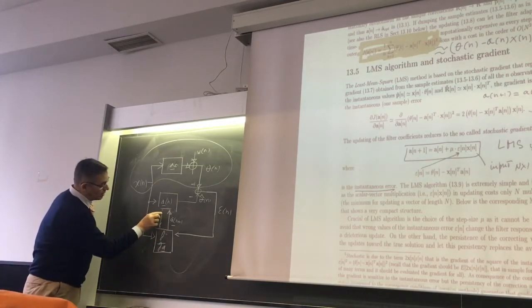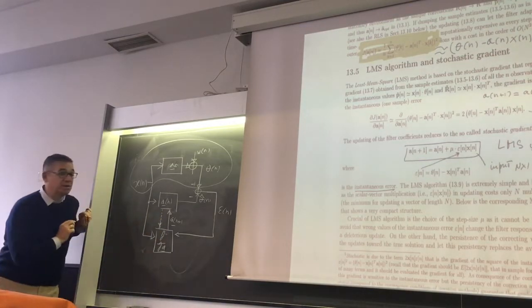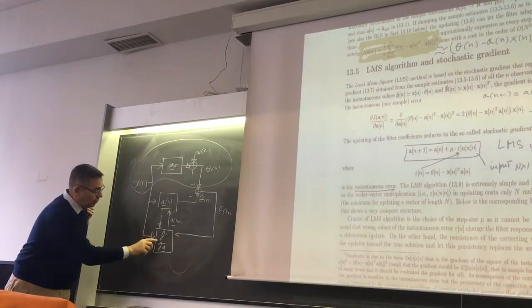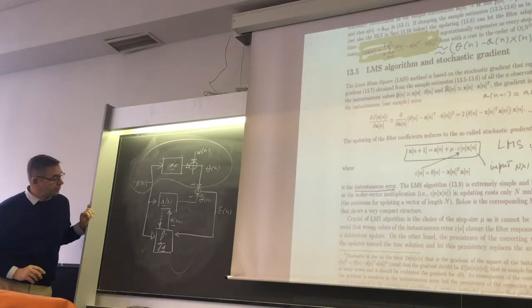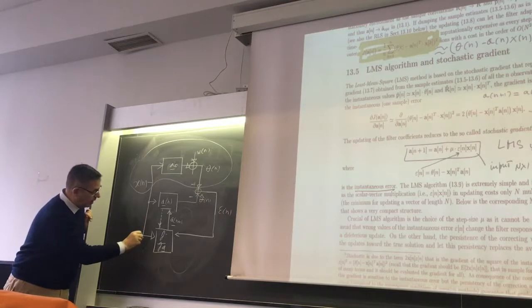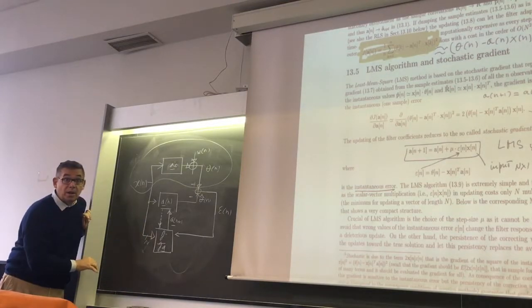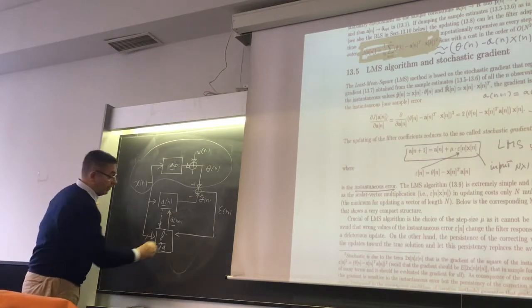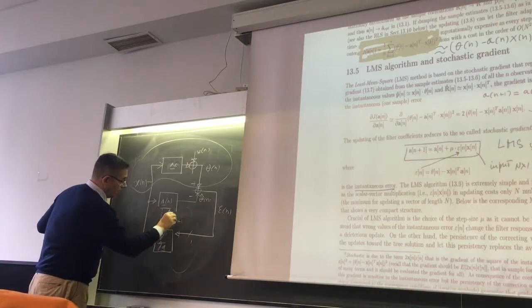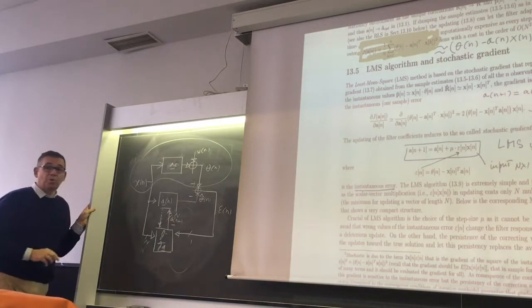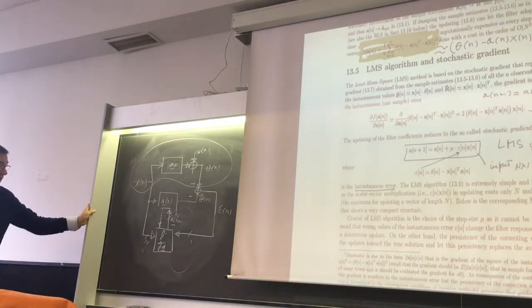Now this line, let me put it in dashes, because the set of coefficients I can memorize in the update formula. Remember, I have n samples entering there, and I have one sample here, and I have a set of n sample coefficients entering into the upper part.